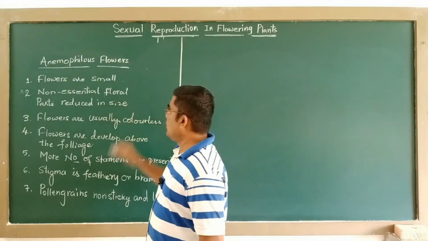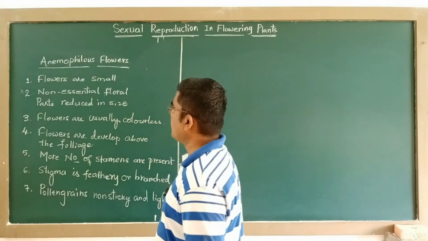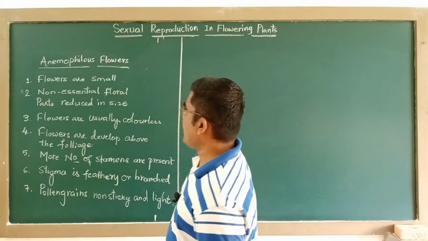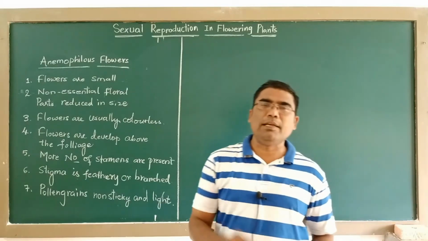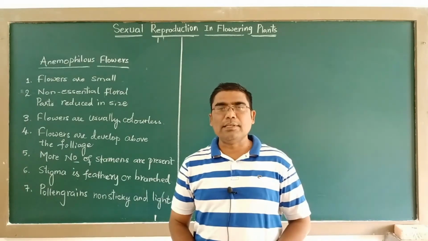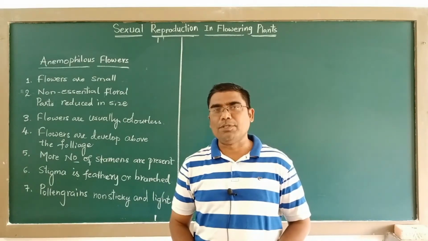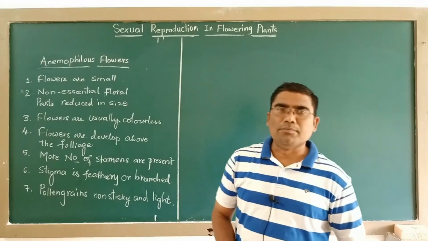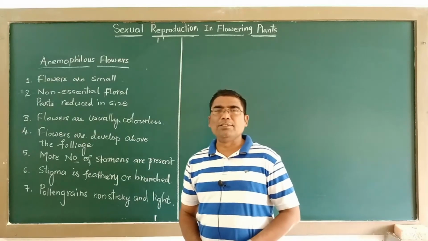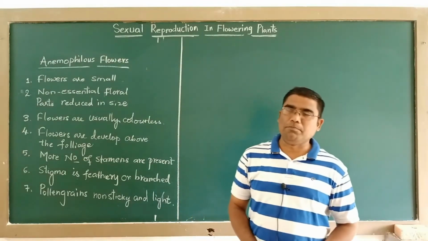The second one is non-essential floral parts are reduced in size. What is the meaning of this one? While discussing the structure of a typical flower, we discussed that a flower comprises two parts, essential parts and non-essential parts.